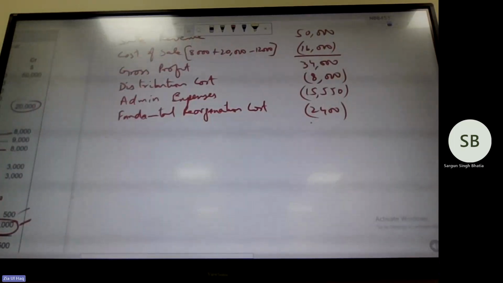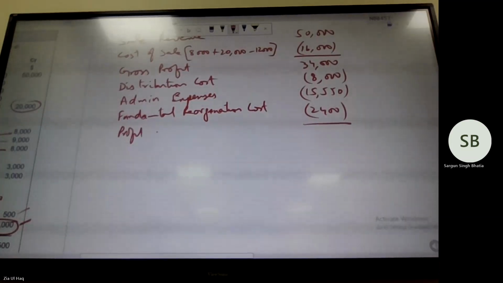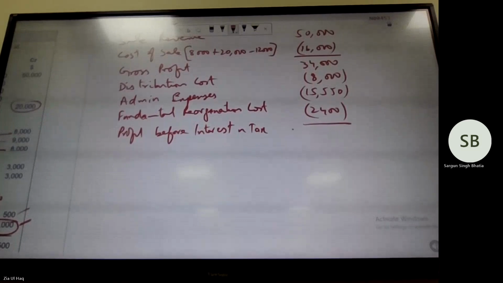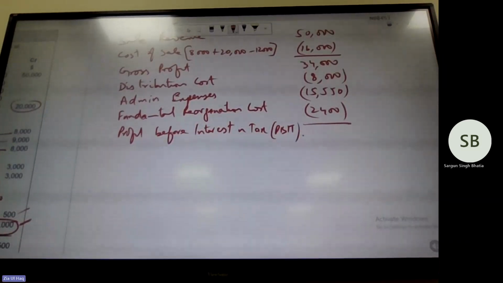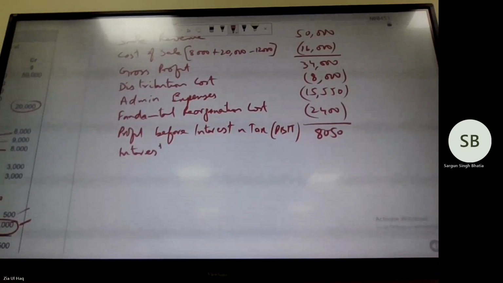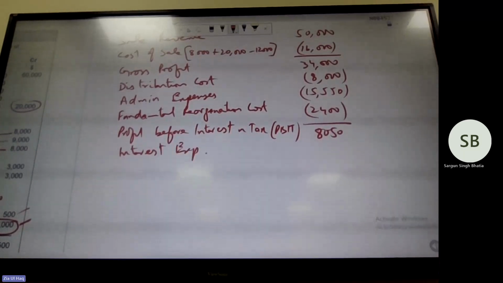So we can calculate profit before interest and tax, PBIT. What is the PBIT figure? 8,050, and the interest expense figure is 800.